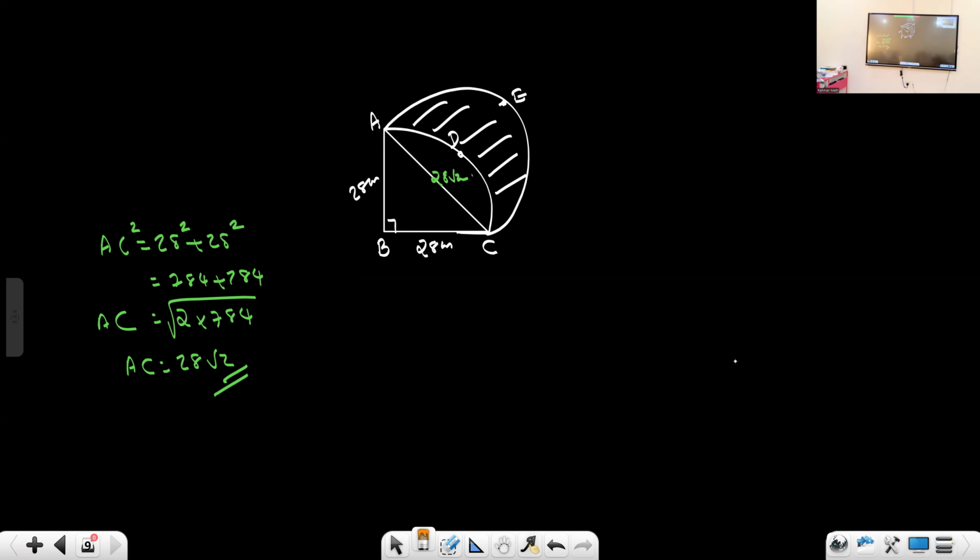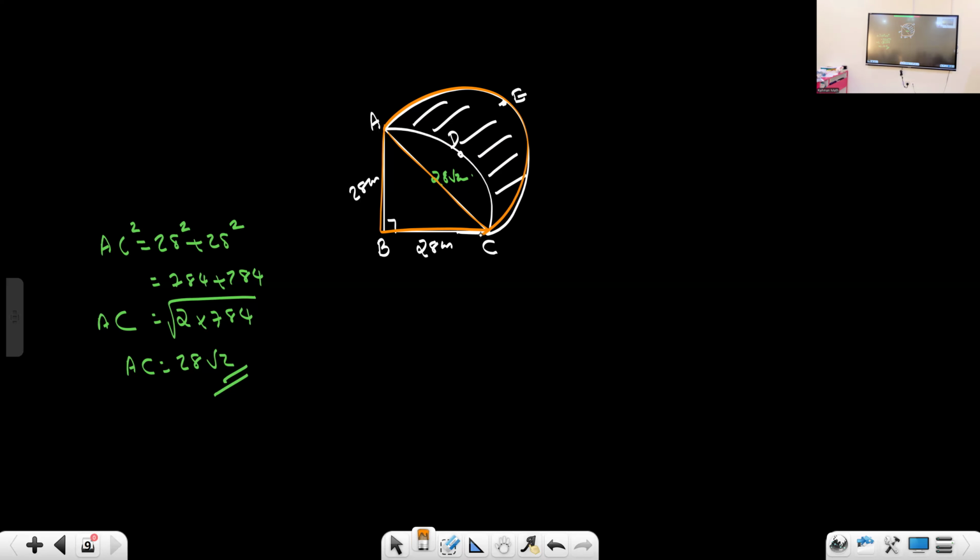Area of the shaded region. Now, try to understand. This triangle plus this semicircle. What will we get? The whole area we get from the quadrant we have to remove. Is it? Triangle and semicircle.